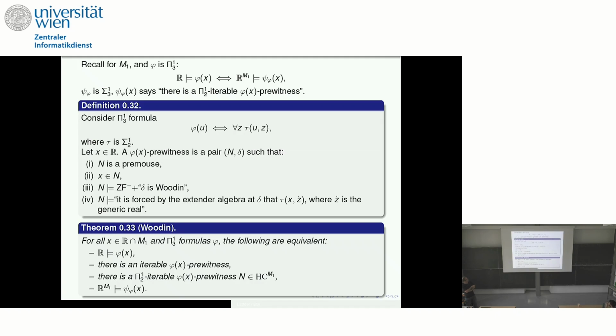And the key thing is that N thinks it is forced in the extender algebra at delta that tau holds of x, the real we care about, and the generic real z dot, where z dot is the generic real added by the extender algebra. Or you could talk about the collapse forcing if you want. Okay, so we're forcing a sigma 1 2 thing to happen about whatever this generic real is.